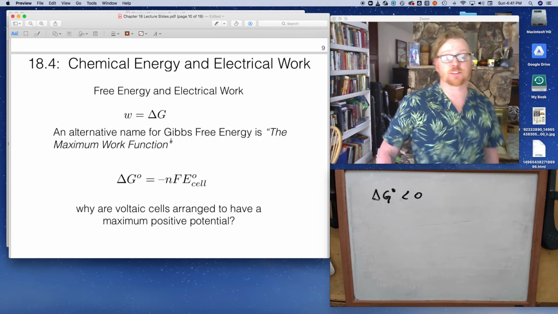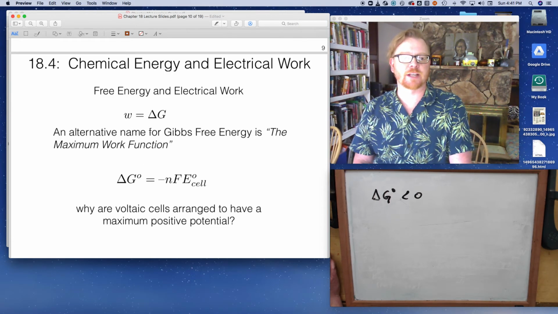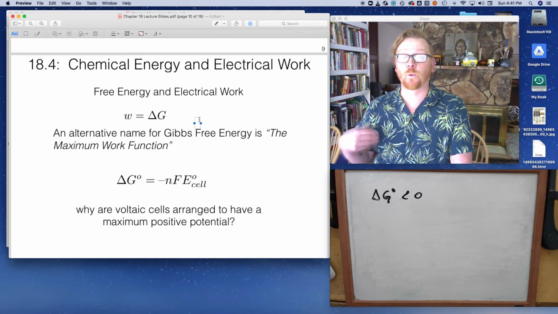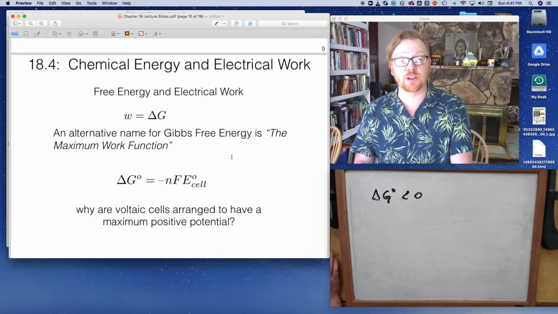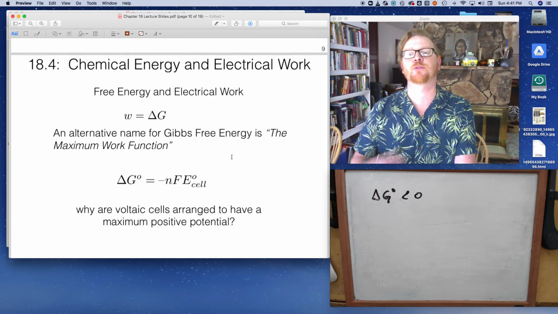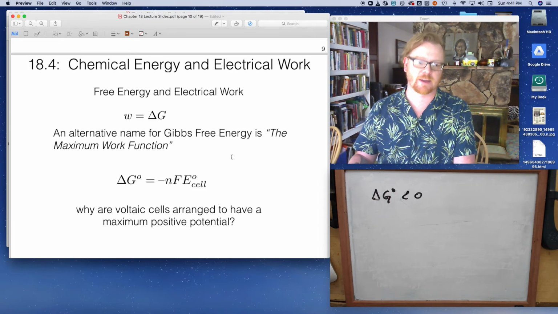We also talked briefly in our section on thermo that delta G is an alternative name for work. It's the free energy you can use to do work, or really a better way to say that is the energy that is free to be used as work. It's the available energy in the system that can be used as work.